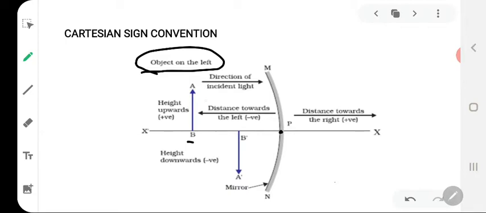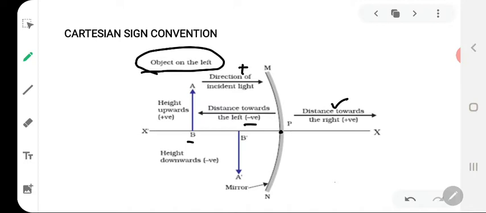Hence the direction of incident light is taken as positive. So all distances measured in the direction of the incident light, or you can say all the distances measured towards the right, are positive. Similarly, if you are doing any measurement from the pole towards the left, they will be negative.